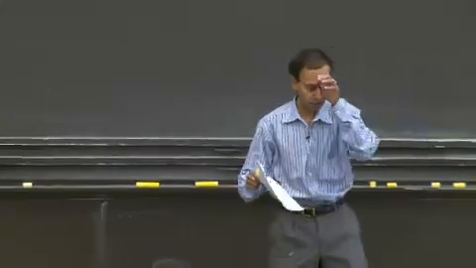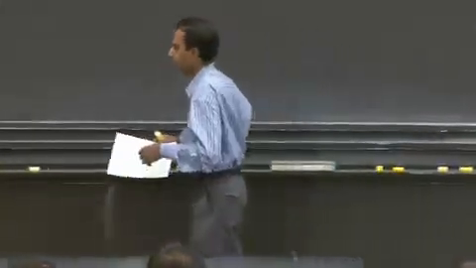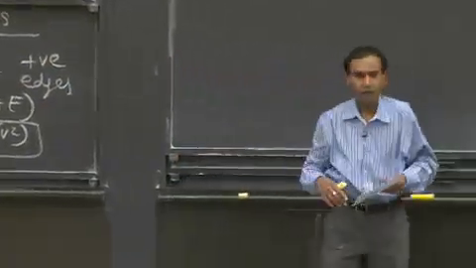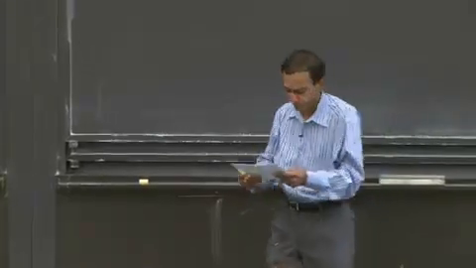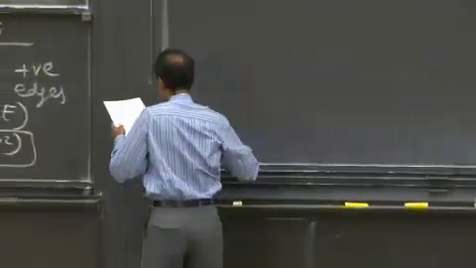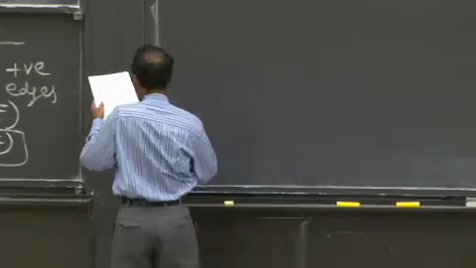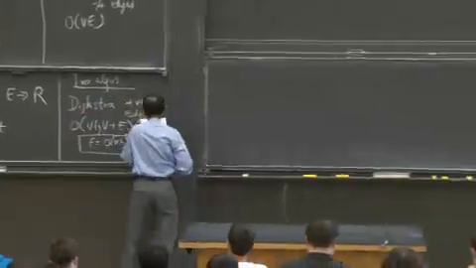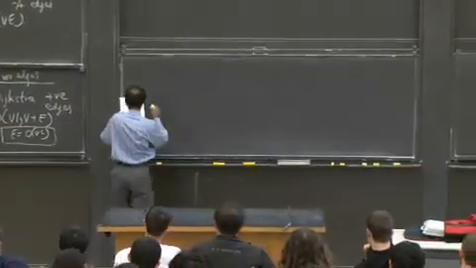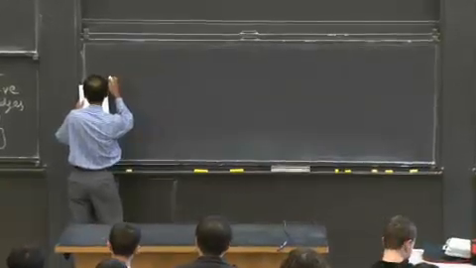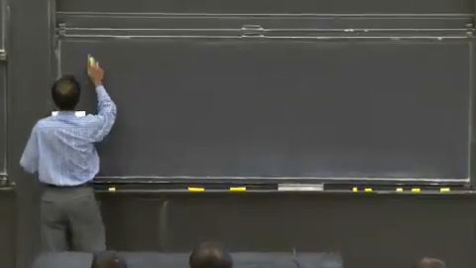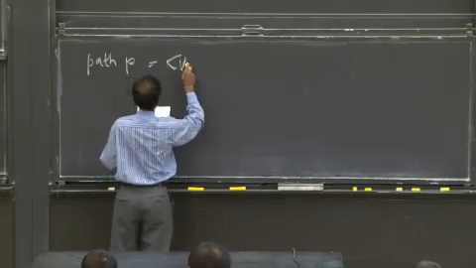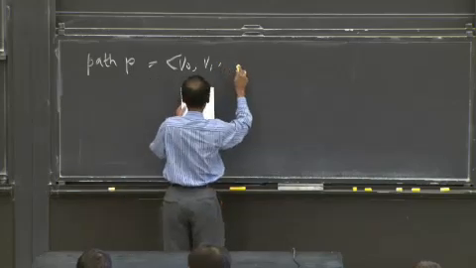And I guarantee you'll understand this much better after we're done with the lectures on Dijkstra and the lectures on Bellman-Ford. Okay? So that's the setup for the problem. That's what we're going to be looking at. Let's look at a couple more definitions beyond what I have here with respect to the notation. You can think of a path P as a sequence of vertices V0, V1, etc., to Vk.